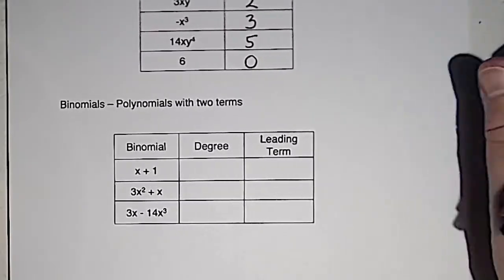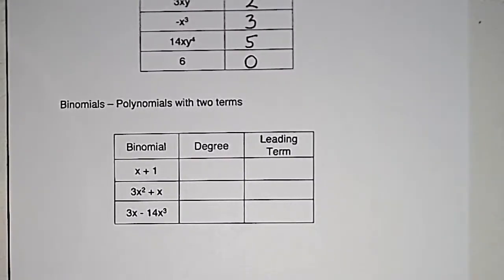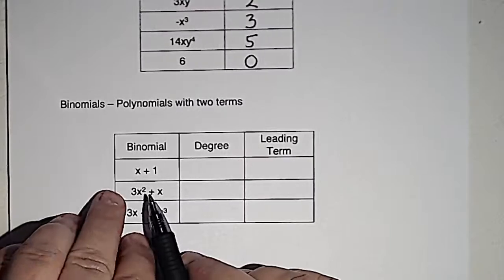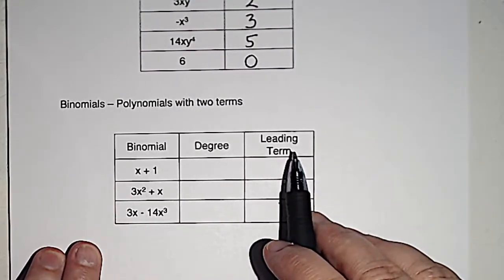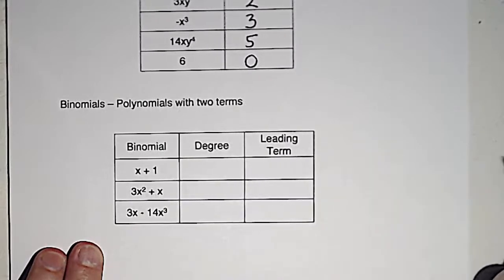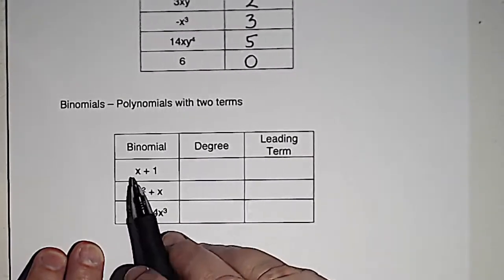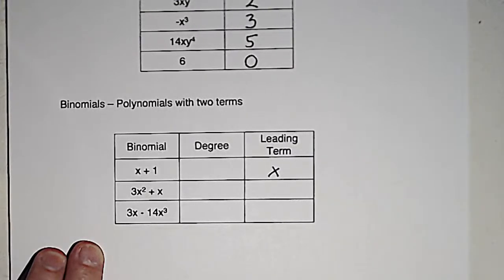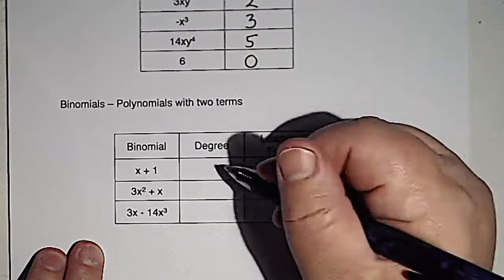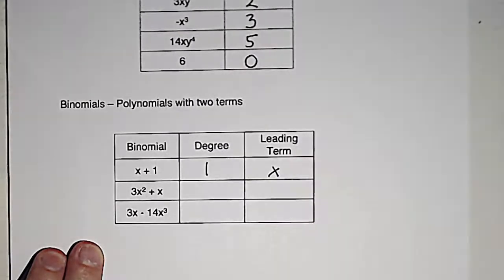So binomials are polynomials that have 2 terms. And there's something called a leading term. In x plus 1, the leading term is x. Okay, so you might have some theories about what that means, which tells us the degree of the binomial is 1.